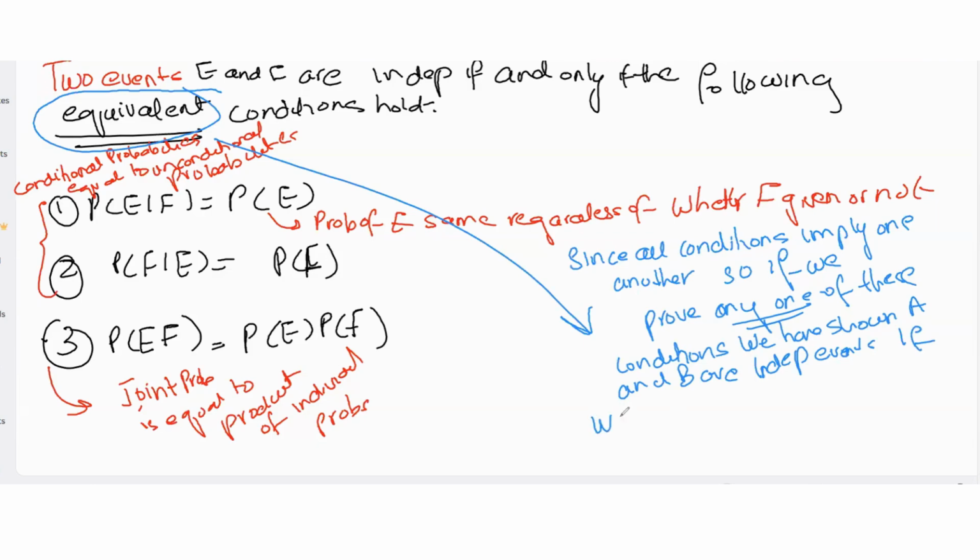If we show any one of these is not true, again, any one, we have shown A and B are dependent.